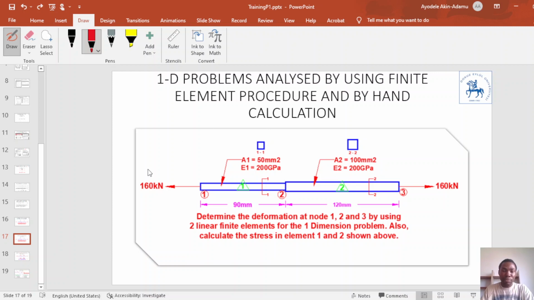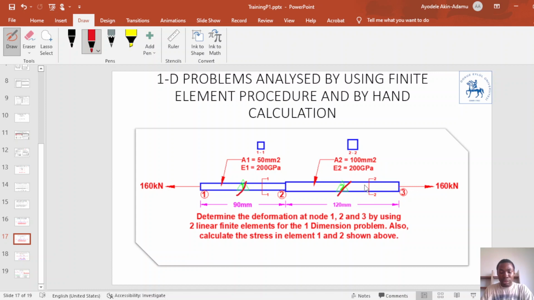The problem depicted on this slide includes two material parts. Material part 1 denoted by this triangle 1, and material part 2. And there is also a 160 kilonewton tension force at node 1 and node 3, which apply tension force on the body.